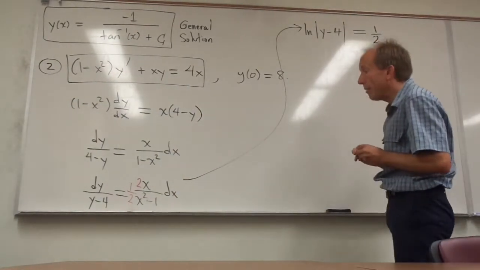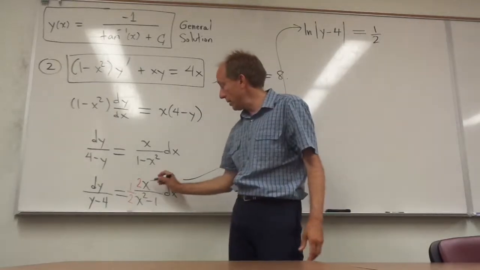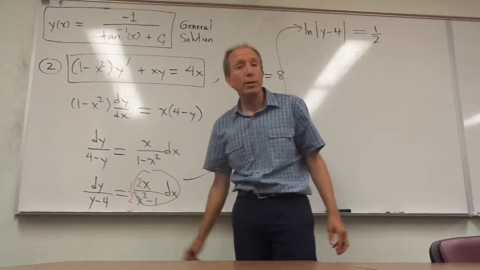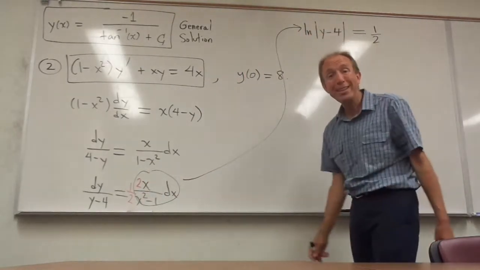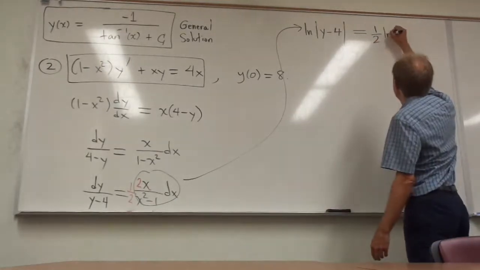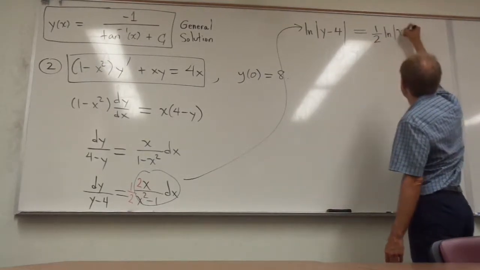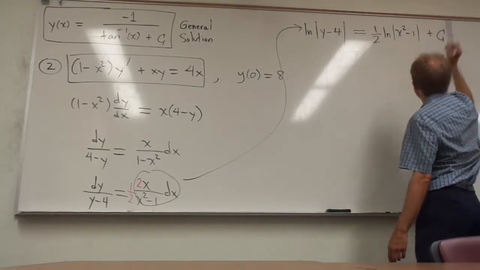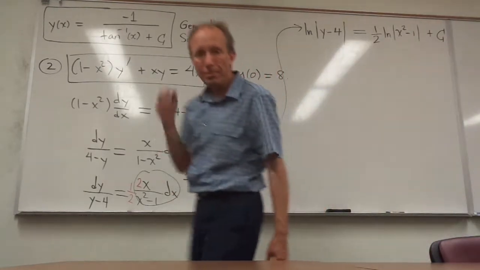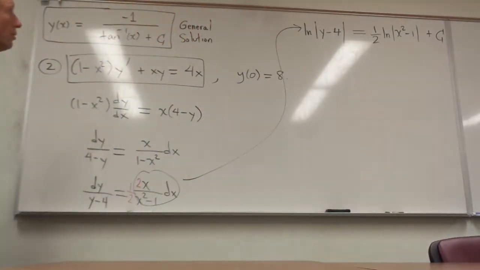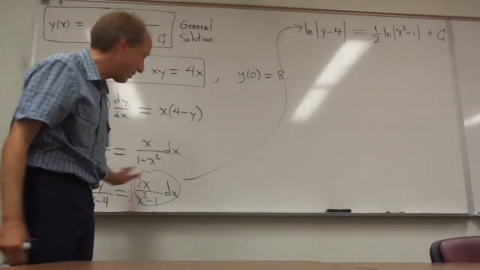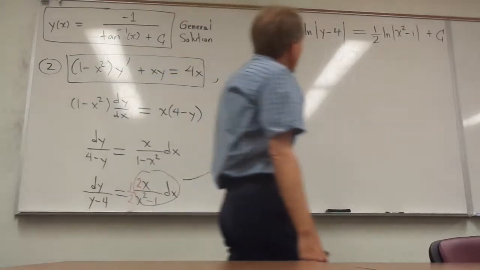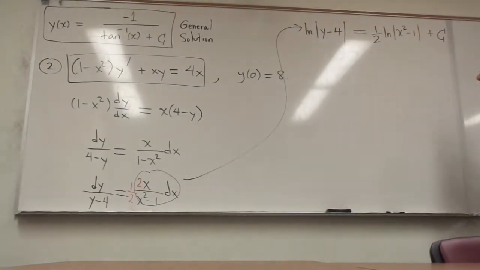So we have a 1/2, and then again, what's left here now is just du over u. And we can just take an ln to get the antiderivative. So it's going to look something like that. And again, I'm going to put my plus c on the right-hand side. So a couple of u substitutions to integrate the left side and the right side. And this is what we end up with.